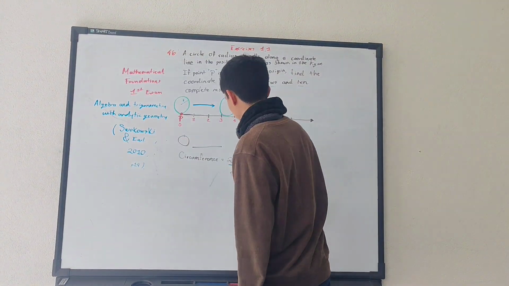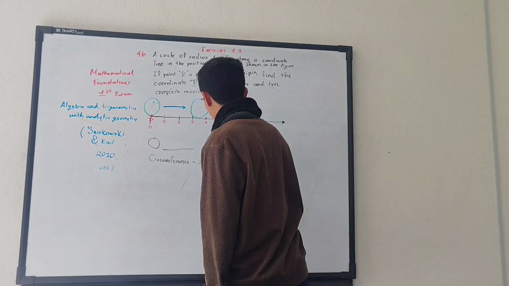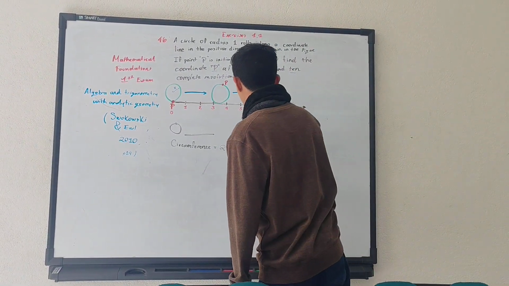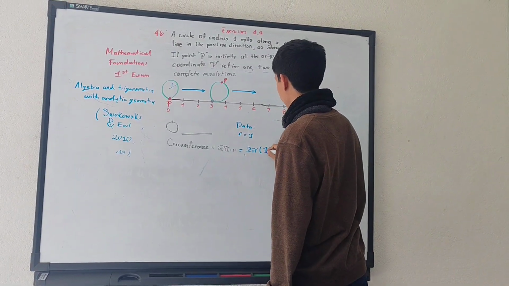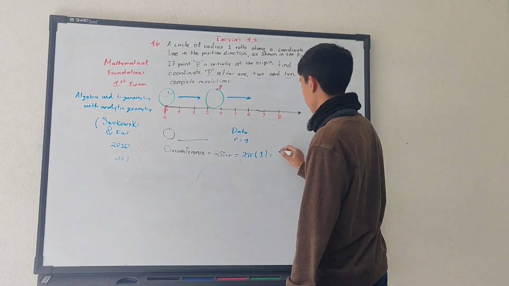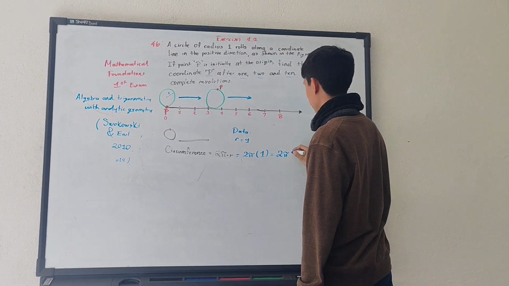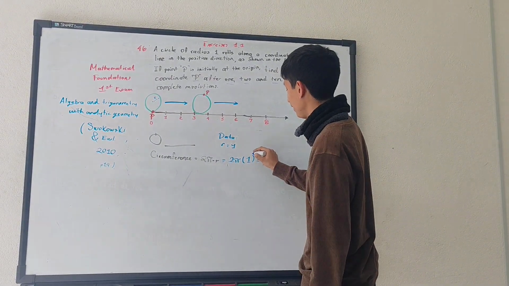So we need to calculate this by replacing in our variable. It is going to be 2 pi times 1. So this is our circumference, equal to 2 pi units, and that's all, because the radius is 1.